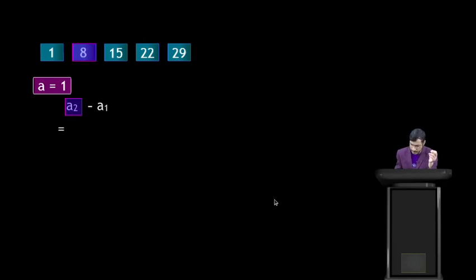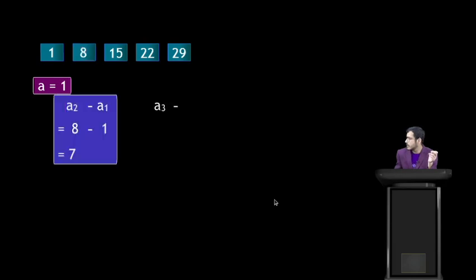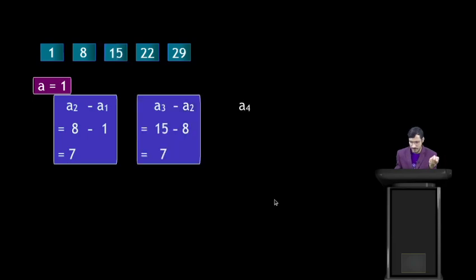So 8 minus 1 is equal to 7. Now A3 minus A2: 15 minus 8, of course 7. Now A4 minus A3: A4 is 22 and A3 is 15. So 22 minus 15, again 7 here.